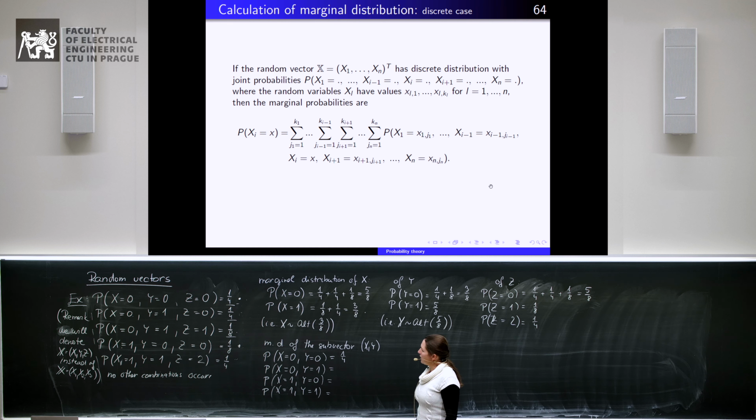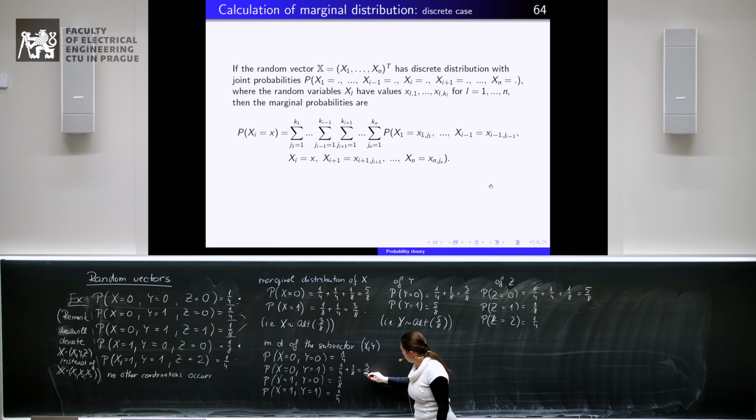The probability that x is equal to 0 and y is equal to 1 is the sum of these two probabilities. So it is 1/4 plus 1/8. So it is 3 over 8. The probability of the third combination is directly from the joint distribution 1 over 8, and the probability of 2 ones is 1/4.